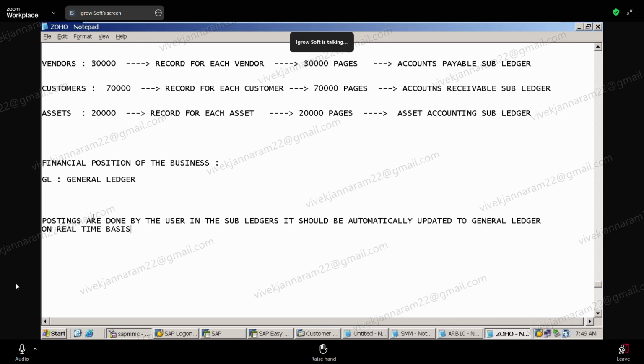Whatever data is getting posted to the subledgers, all of it should be automatically updated to the general ledger on real time basis. Then I will have the total picture in the general ledger. My financial position includes the payables position, receivables position and assets position. That is the full picture of the business, which I can see in the general ledger.